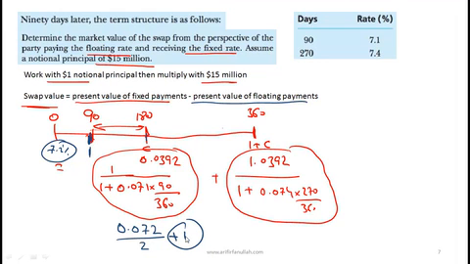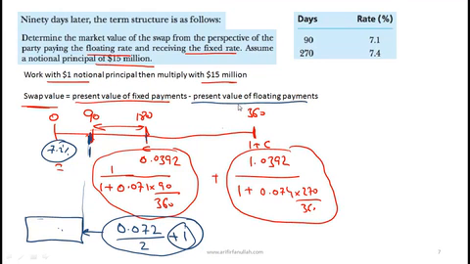You simply take 1 plus this and you discount back to this point. You multiply by what discount factor? The same discount factor that you calculated earlier. So you discount back using this factor, and you have this number over here. This number represents the present value of floating payments.